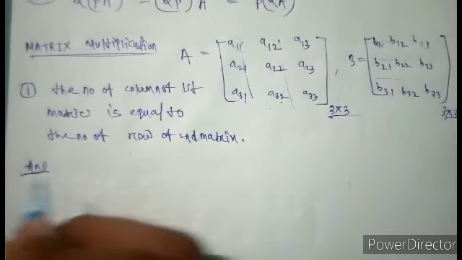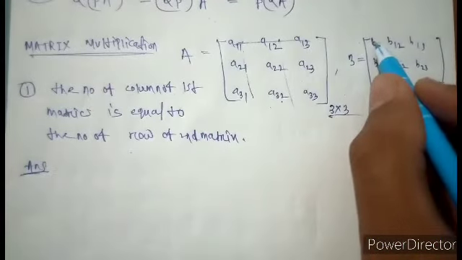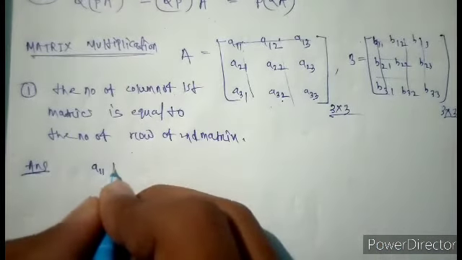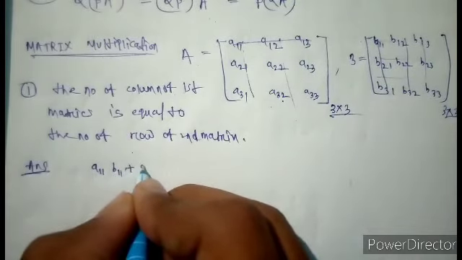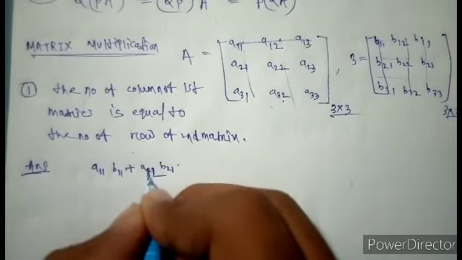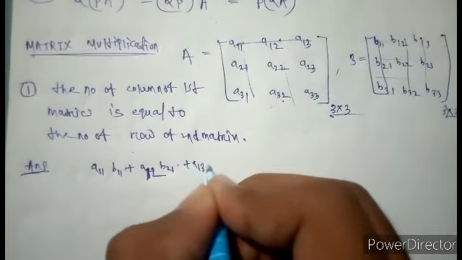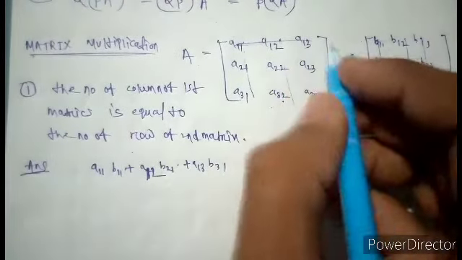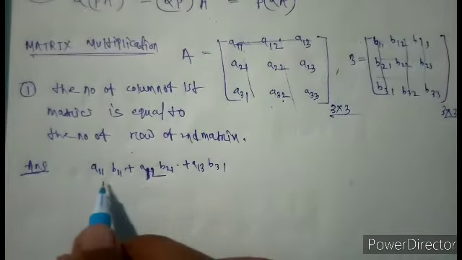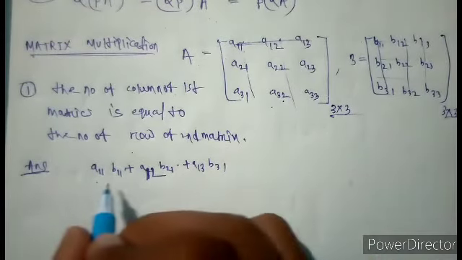Here we simply consider the first row multiplied by the columns. The answer will be A11 B11 plus A12 B21, then plus A13 B31. So the first row multiplied with the first column gives the first row, first column entry.